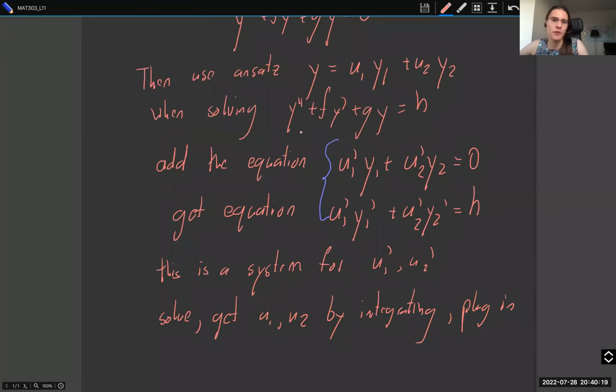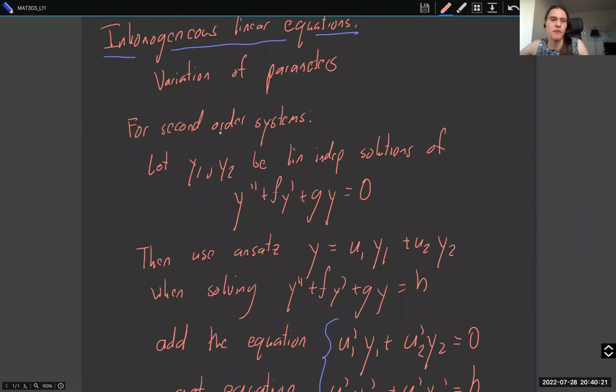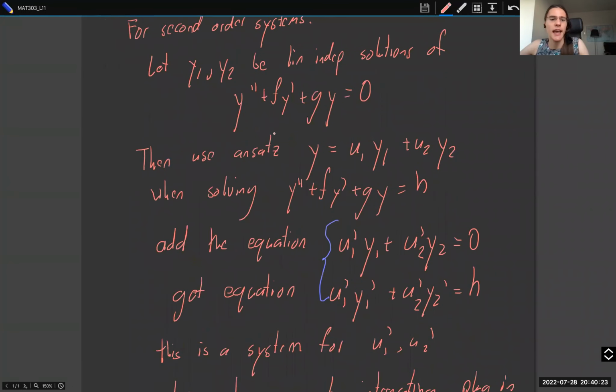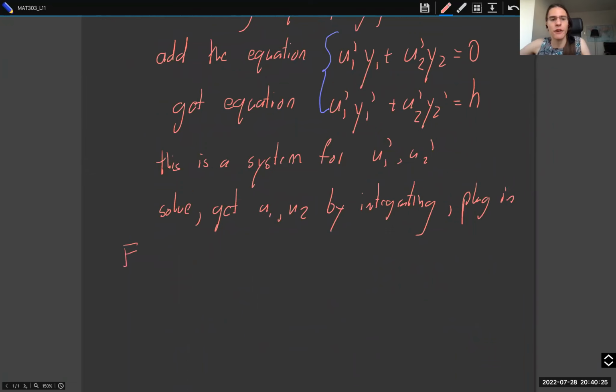So if you're able to solve the homogeneous system, then variation of parameters lets you do it. And then I also reviewed variation of parameters for third order systems last lecture. See lecture 10 notes. Actually, I think it was lecture 9. Was it lecture 9 or 10 that I spoke about this?